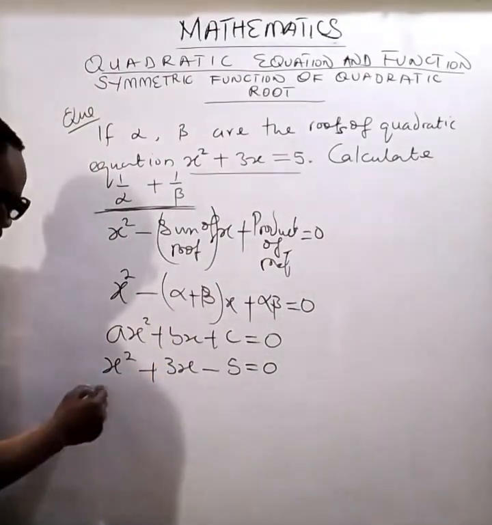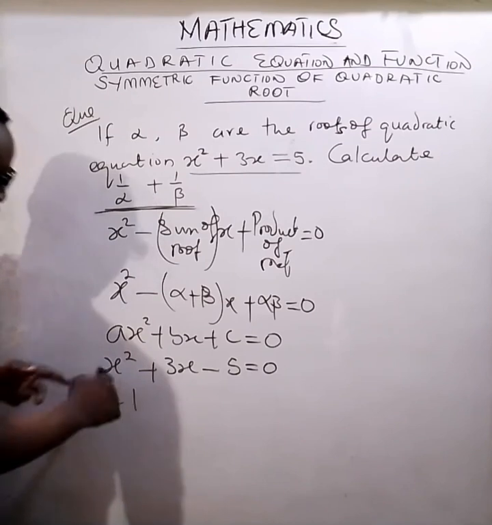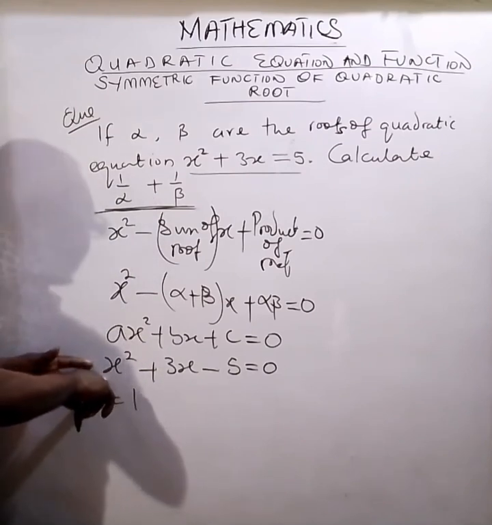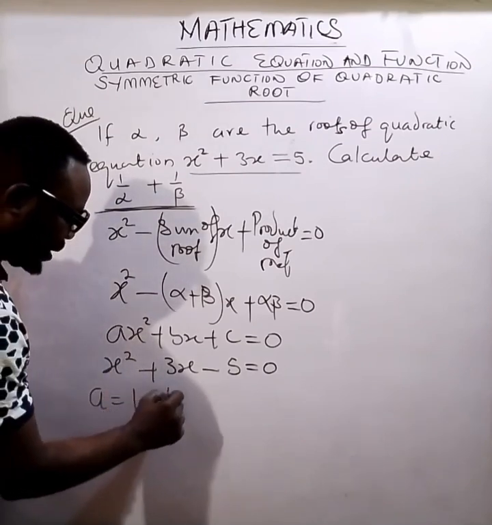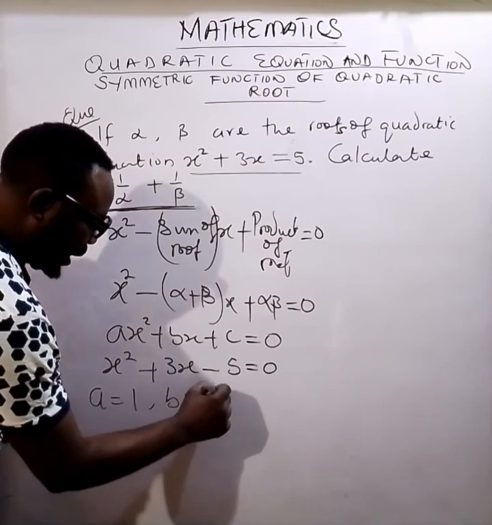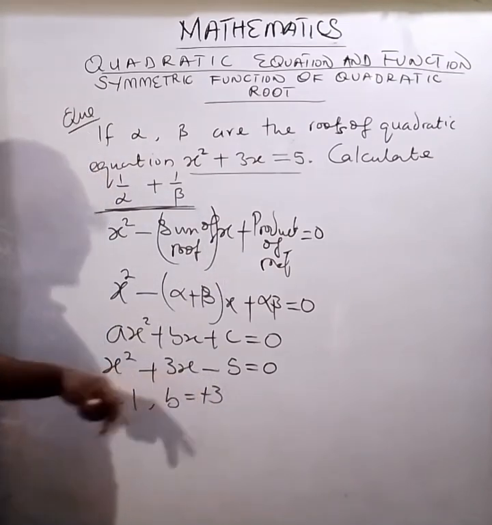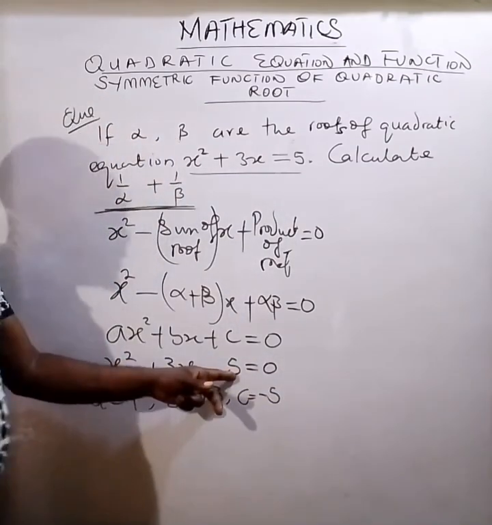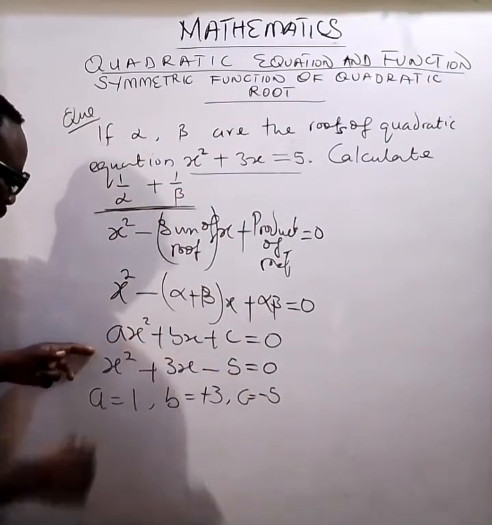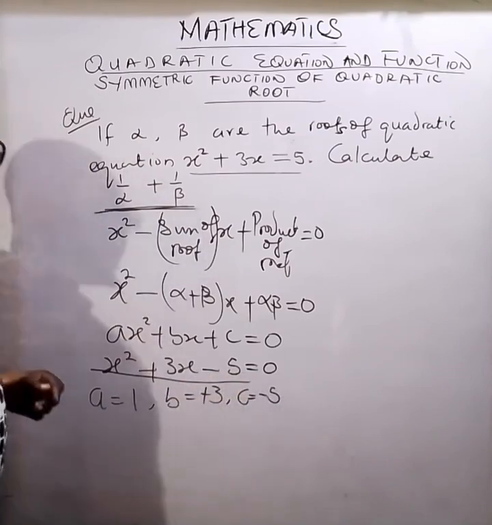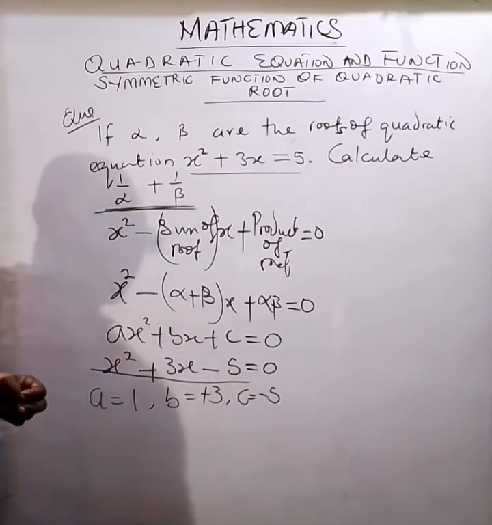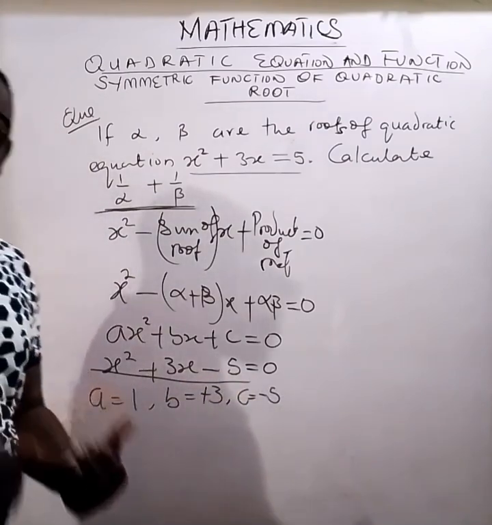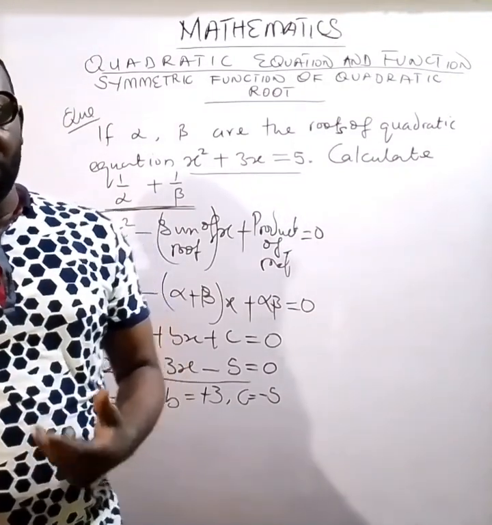My a is equal to 1, which is the coefficient of x squared. My b is equal to plus 3, which is the coefficient of x. And my c is equal to minus 5, which is my constant from this equation. Now, I need to find the sum of the roots and the product of the roots.